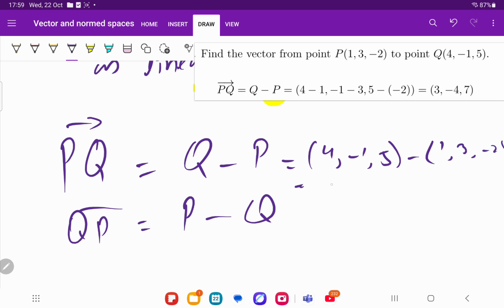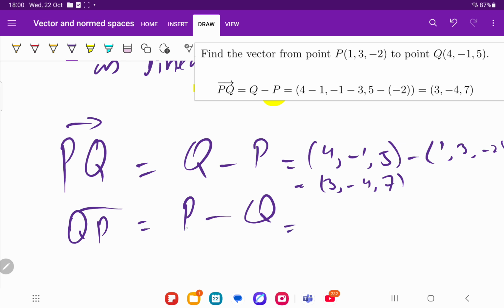By solving, 4 minus 1 is 3, 5 minus 3 is 2, and minus 1 minus minus 2 is 1. So that is PQ.